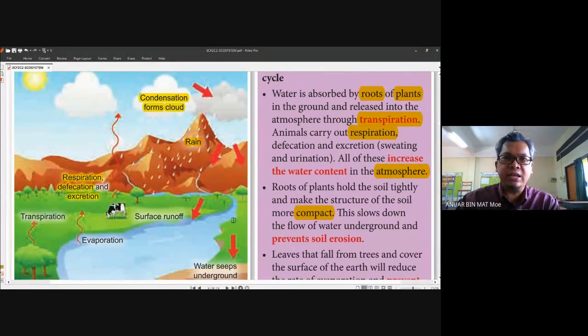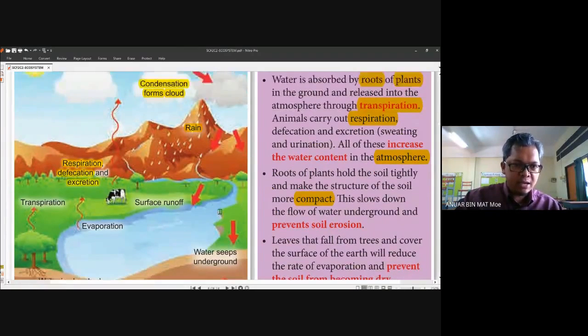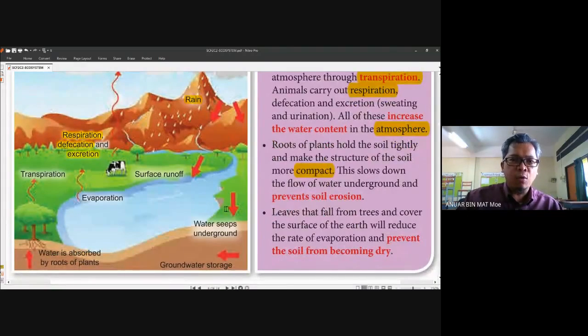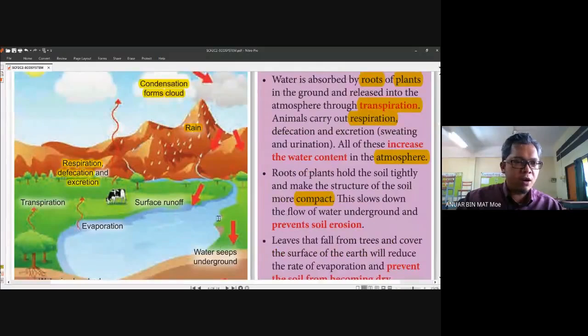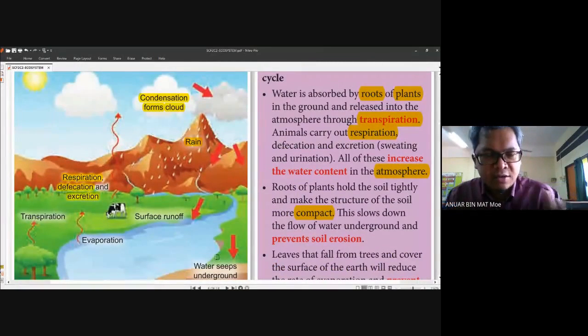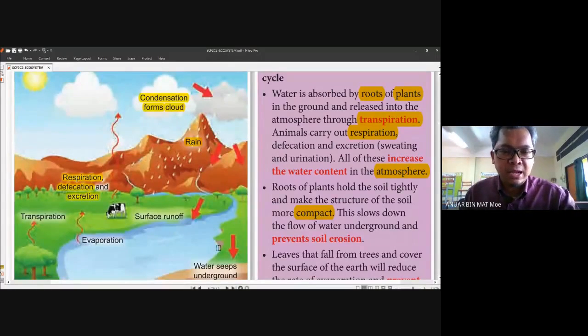Snow and glacier are water that is formed in the form of solid matter. Make sure you understand this first, and if you have any question, you can ask me later. This is what we call the water cycle, because water is one of the non-living matter that is very important in life.